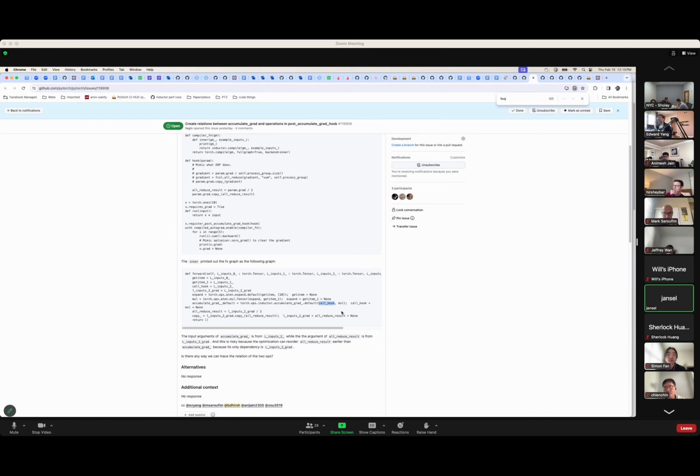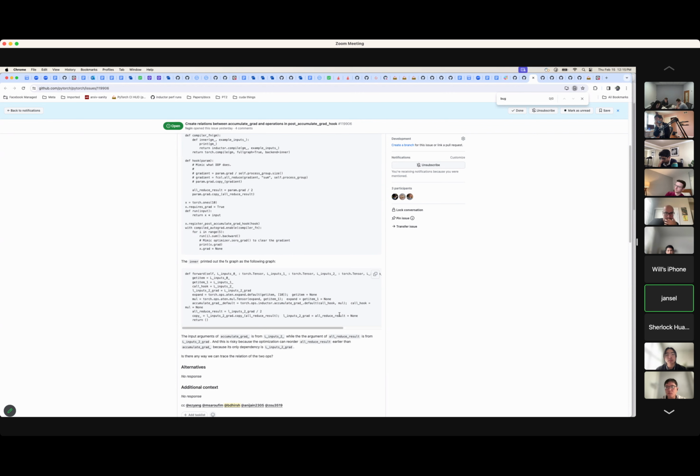Yeah, I think arguably accumulate grad is not a functional op, or I guess it's definitely not a functional op, because it's mutating the .grad field. So one thing we could do is say we're going to functionalize accumulate grad, and we're going to model the effect that accumulate grad is going to have on the .grad field, and rewrite the graph such that all the grad manipulation happens outside the graph in the functionalization preamble or suffix.